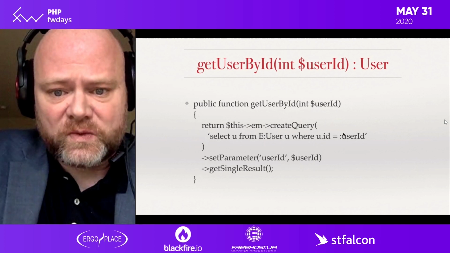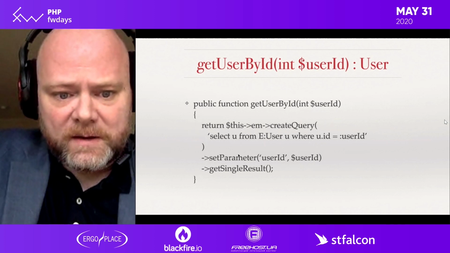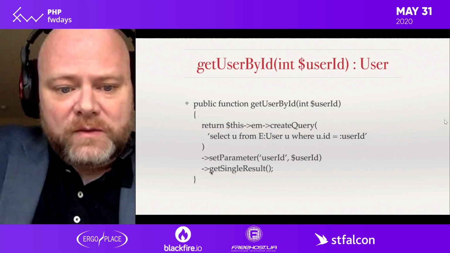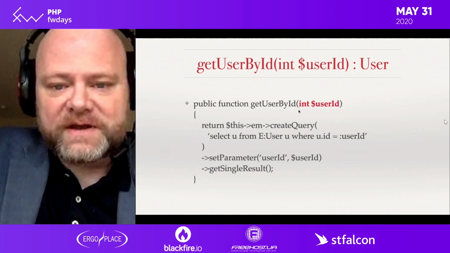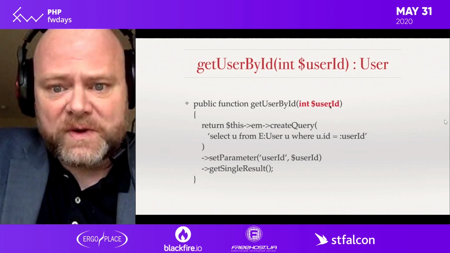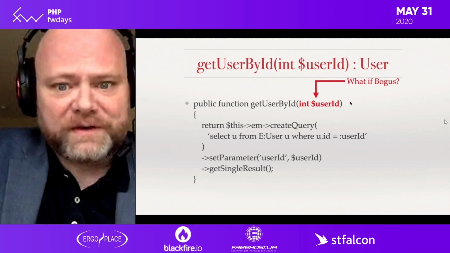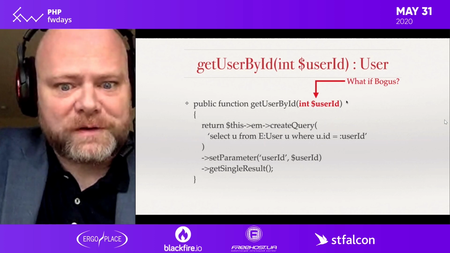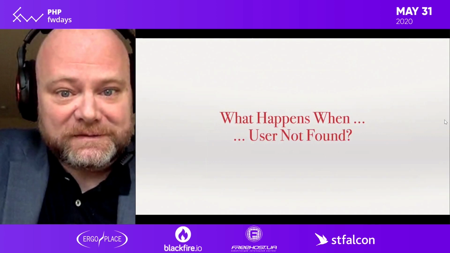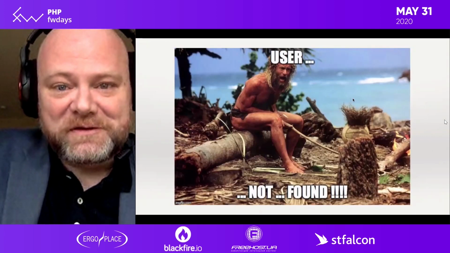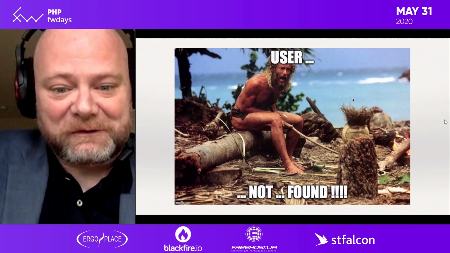This is what you're seeing right here. And we call get single result. So the question is now, what happens when this user ID is bogus, right? Somebody passed the wrong user ID, in which case the user is not going to be found. What happens when the user is not found?